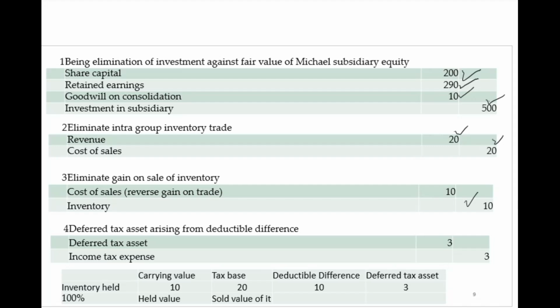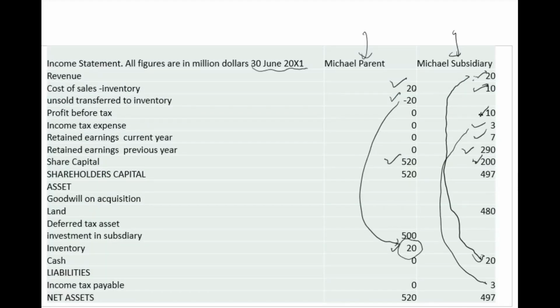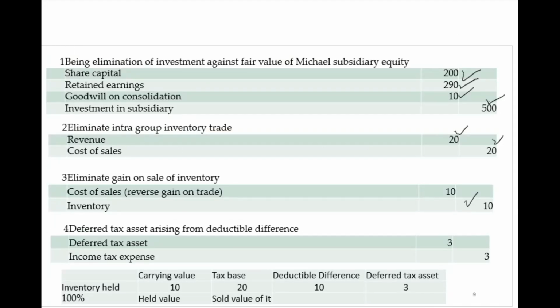And then the cost of sales of inventory has been recorded as 20 million. It should also be reduced because the gain is included in this cost of sales. So therefore, we debit the cost of sales 10 million to increase the cost. Therefore, the gain is reduced.